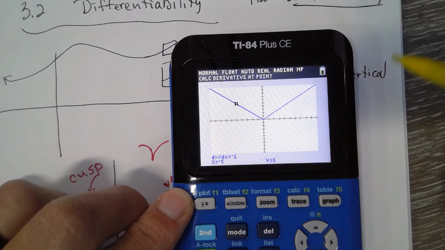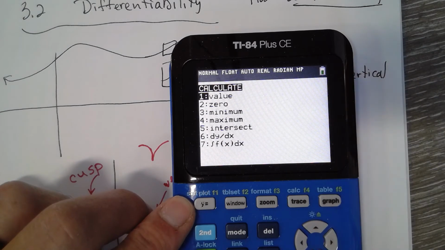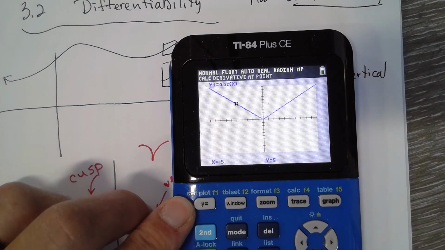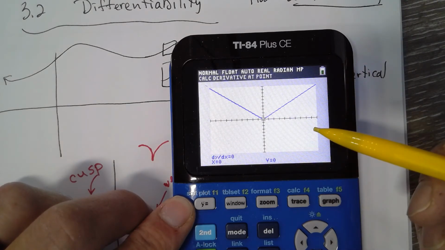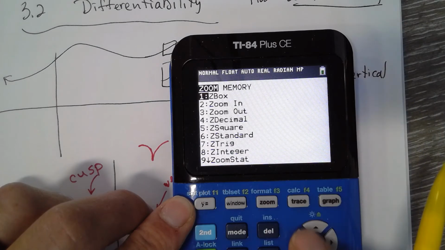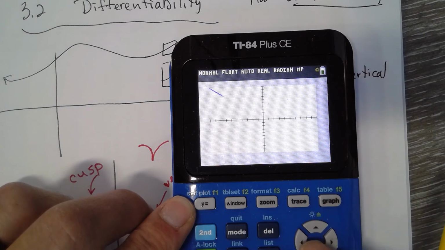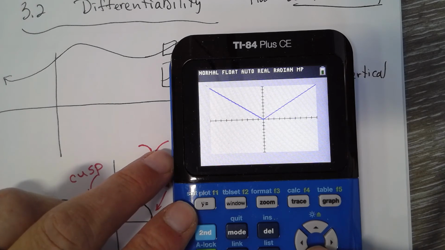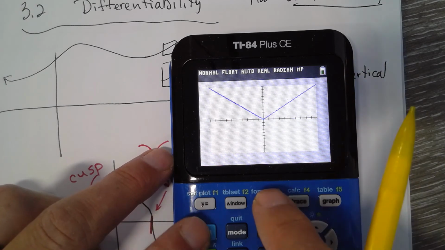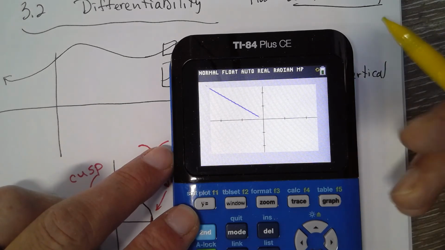I can find the derivative at any point. Now what happens if I want to find the derivative at 0? I'm typing in 0 now. It gives you 0. Now why does it do that? Well, I thought we learned that the derivative doesn't exist at 0. There's a corner there. Well, the way the calculator does it is, I said, it finds the slope at 2 points right next to each other.